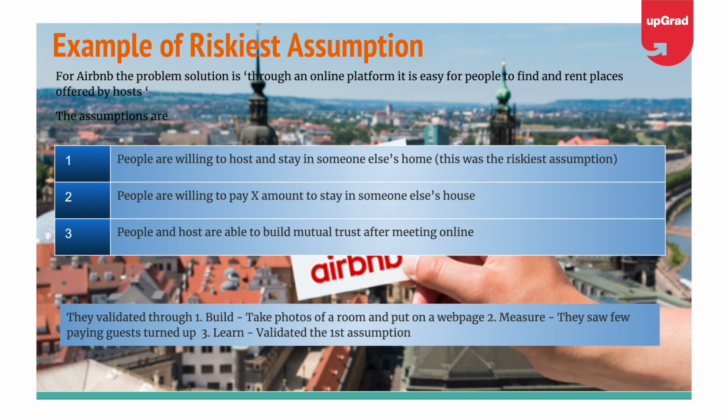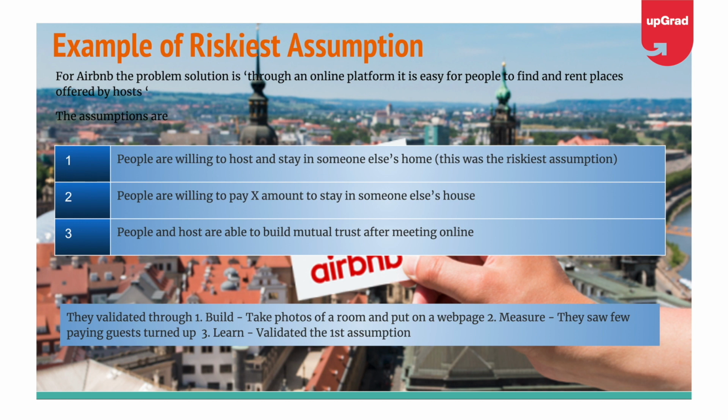Maybe there are other ways to do it, like ratings, reviews, maybe putting more pictures, which essentially, anyways, they did in the future. But the one assumption which, if fundamentally wrong, Airbnb would not have been a product at all, is basically that people are willing to host and also stay in someone else's home. Which is a big assumption, right? It's a make or break assumption. So that becomes the riskiest assumption.